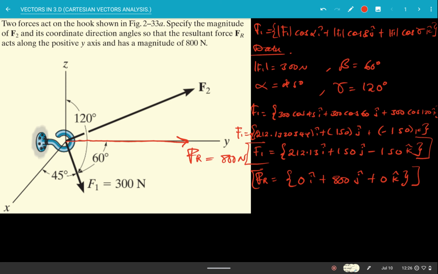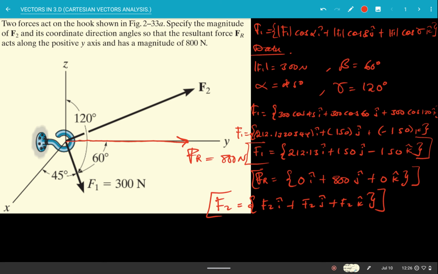Since we don't know, the best thing we can do is to give it some arbitrary values. So F2 will be F2 in the I plus F2 in the J plus F2 in the K. That's what we're supposed to have.